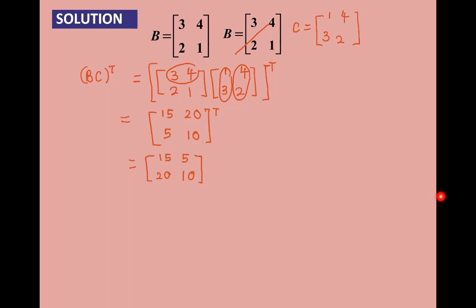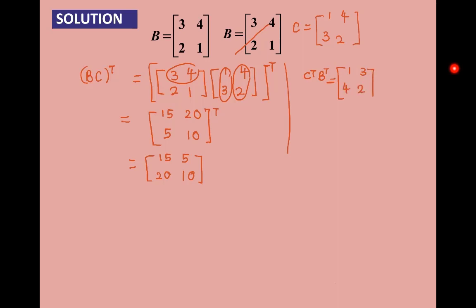Now, we are supposed to show that this is equal to C transpose multiplied by B transpose. So the next step is we need to find C transpose multiplied by B transpose. Let's find the transpose of C, [1, 4; 3, 2]. So the transpose of C will be [1, 3; 4, 2].